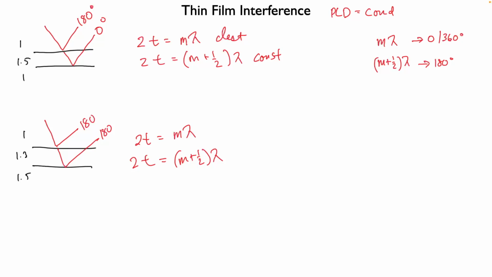So this 0 or 360 as is, or keep it the same. Okay? So what does m plus a half mean? Change it. Right? And how much are we changing it? By 180 degrees. So if we keep it as is, we don't make any changes to what's naturally already occurring, what kind of interference are we going to have? Constructive.